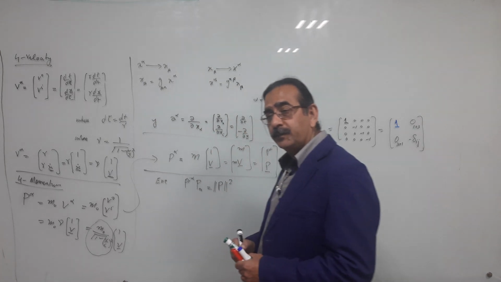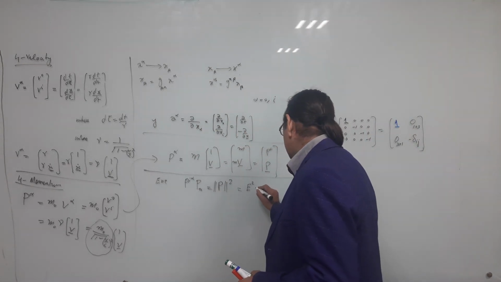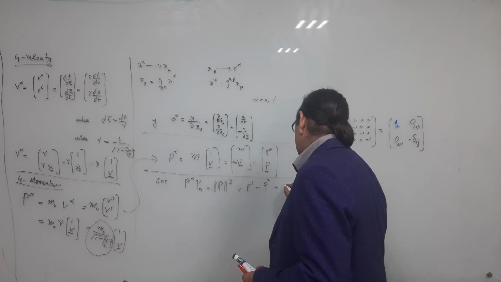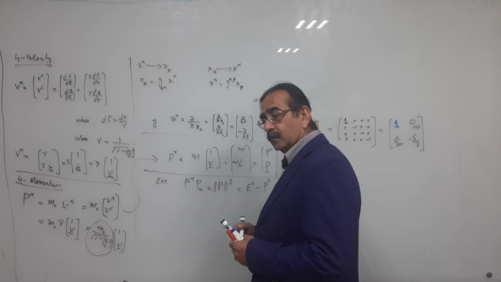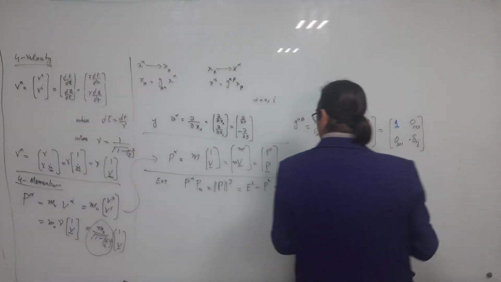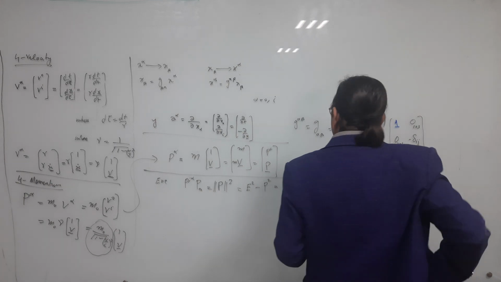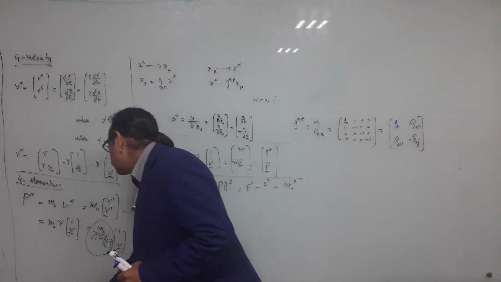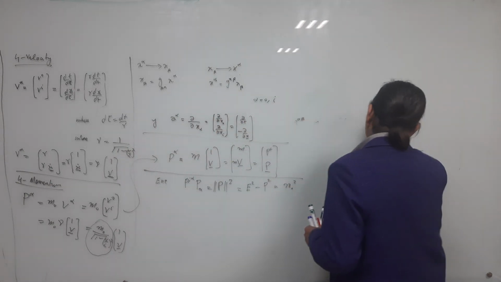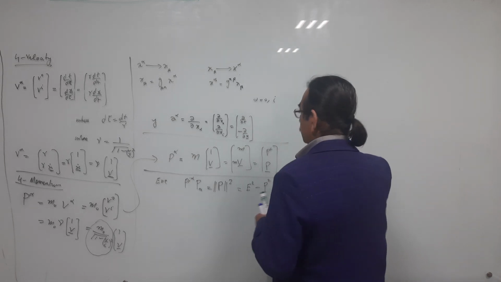That is P square. We have to prove it. How may we prove it?